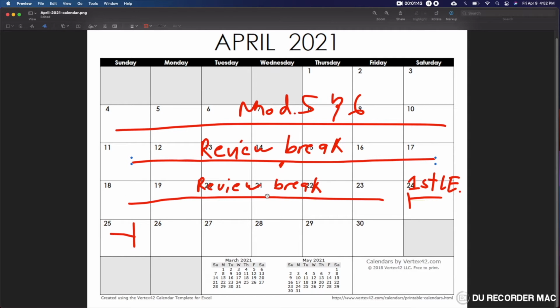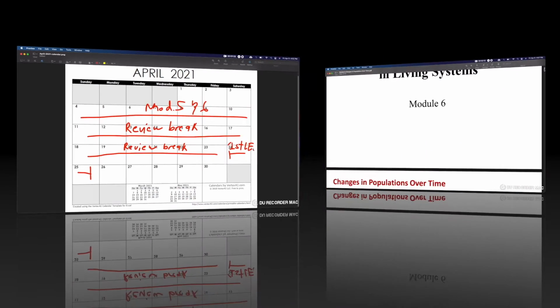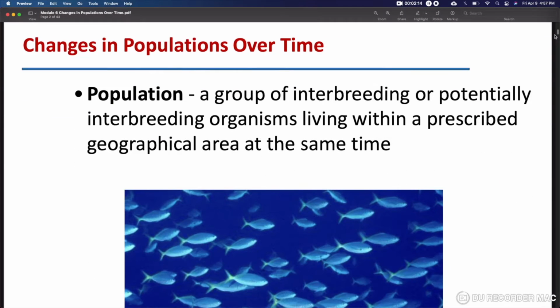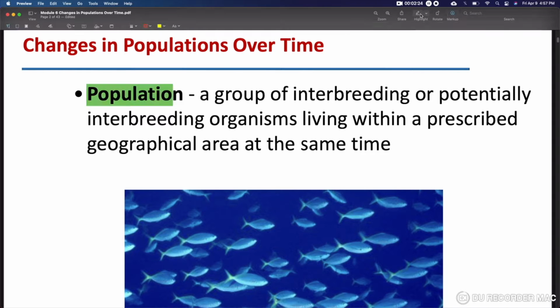Let me just close this and go back to our lecture. This is a pretty interesting portion of Science 11 because it talks about population. So what is population anyway?